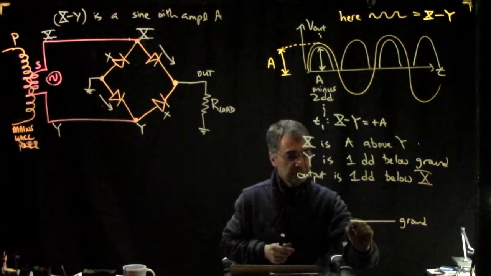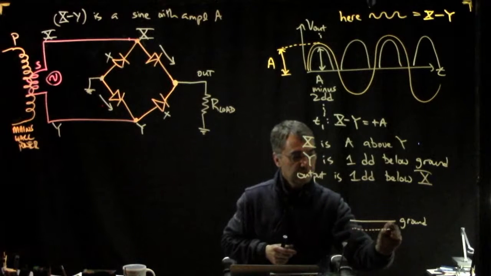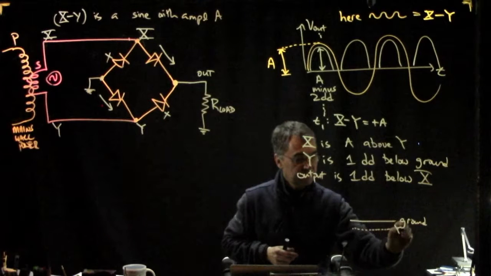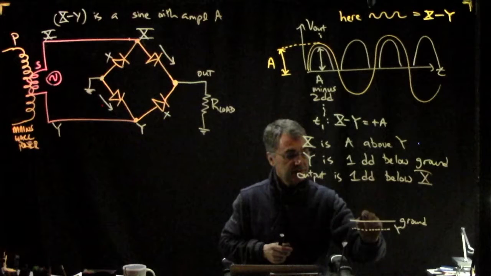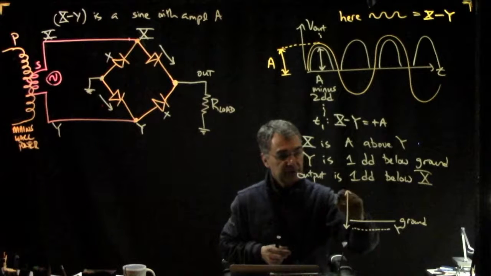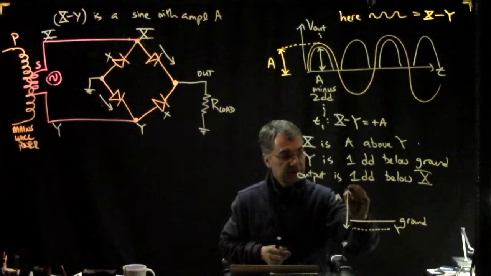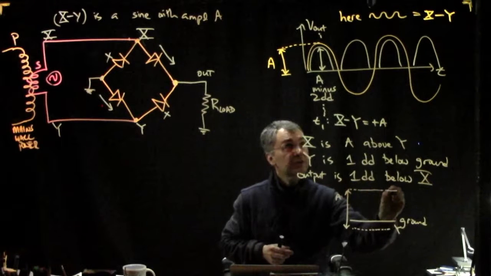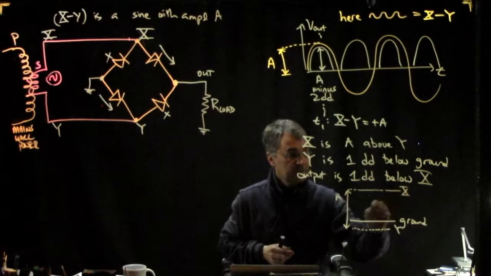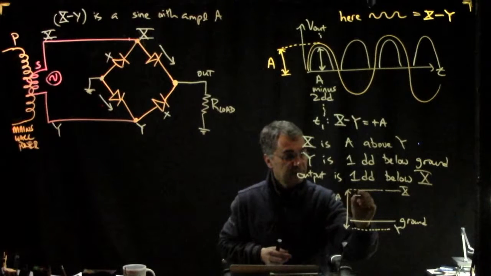And then down here, we have Y, so this is a diode drop. And then up here, an amplitude A bigger. So this is X. And then a diode drop below that is our output.